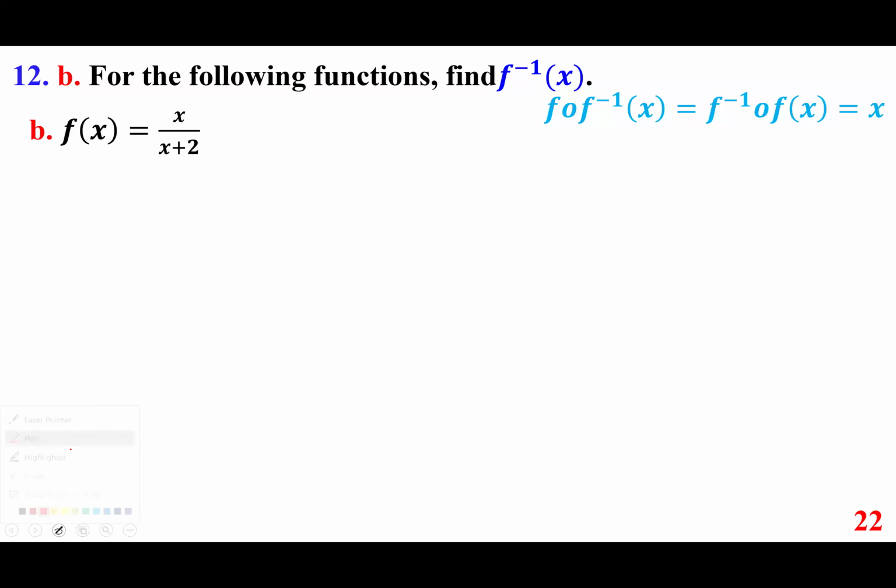We are going to do exactly the same thing for the function f of x equals x over x plus 2. And we are going to start interchanging x and y. So to do that, first we gotta call f of x y. Then we change the y to x, x to y. We interchange the two.